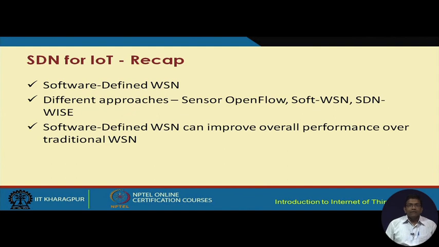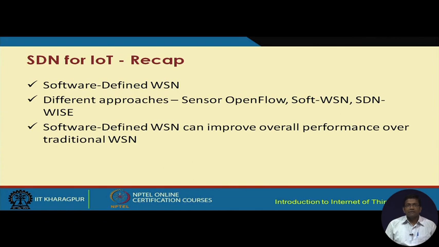What we have already discussed in the first part of the SDN for IoT lecture is that we have sensor networks, and software defined networking can be used to improve the performance of sensor networks.